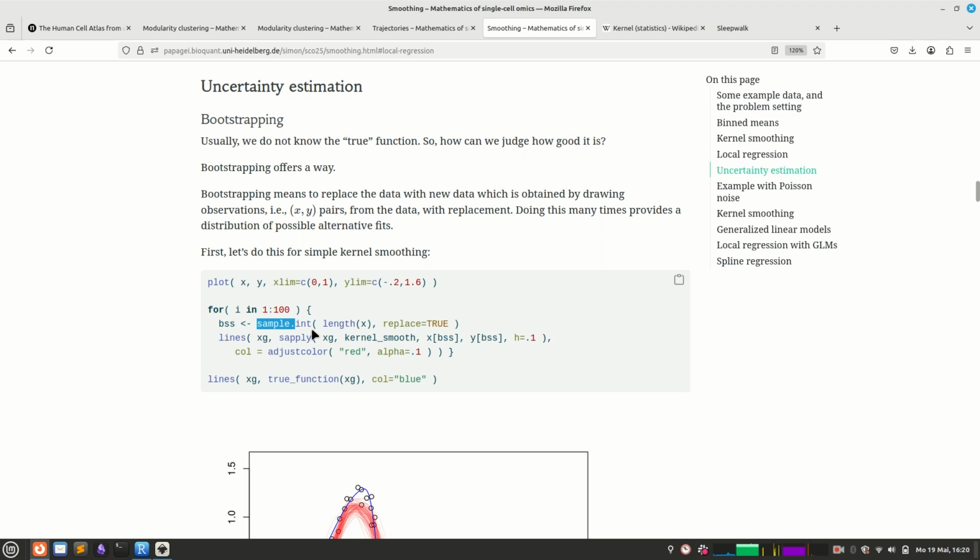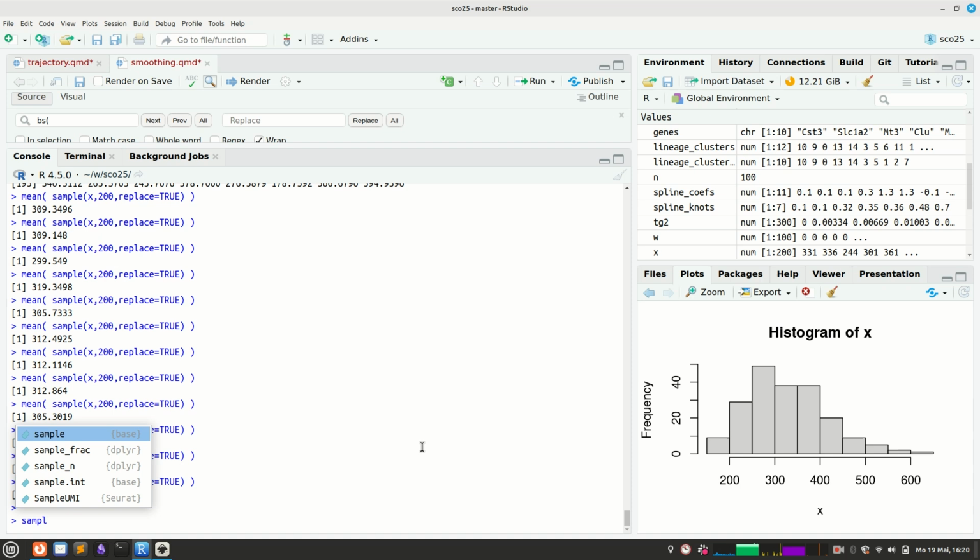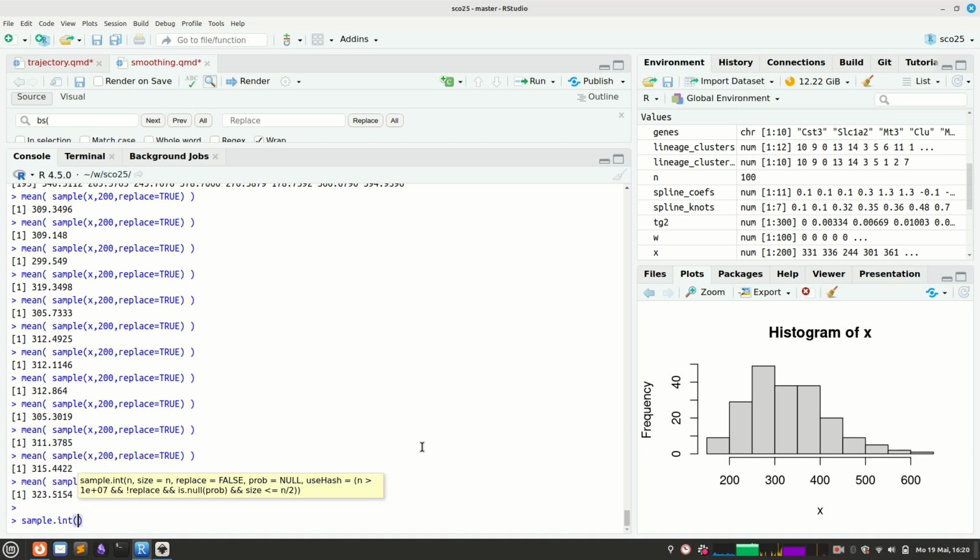So what I do instead is I say sample a value from one to n out of a list of all of them. So the sample int function works as follows. Sample int 10, 100, replace is true.